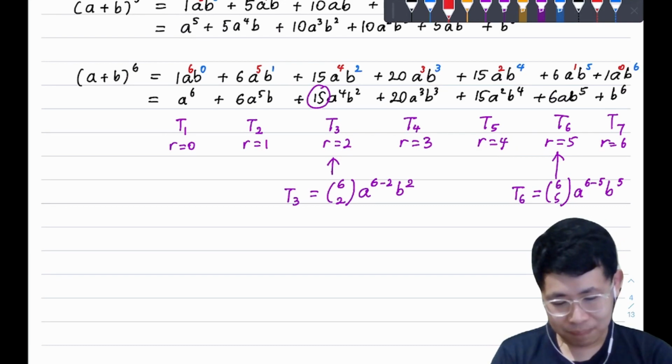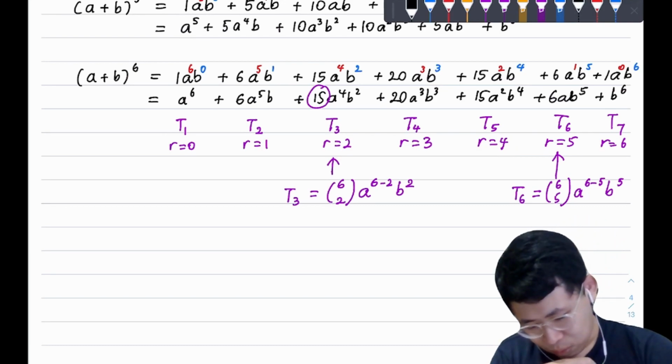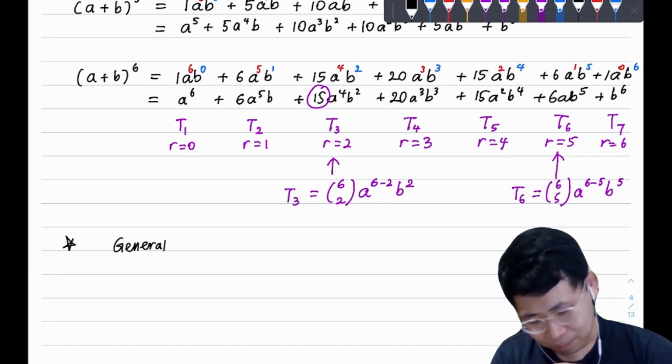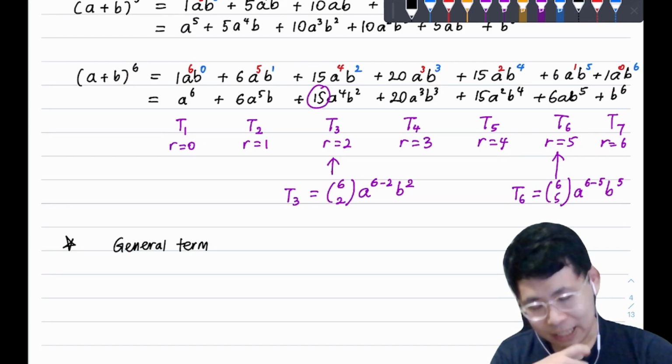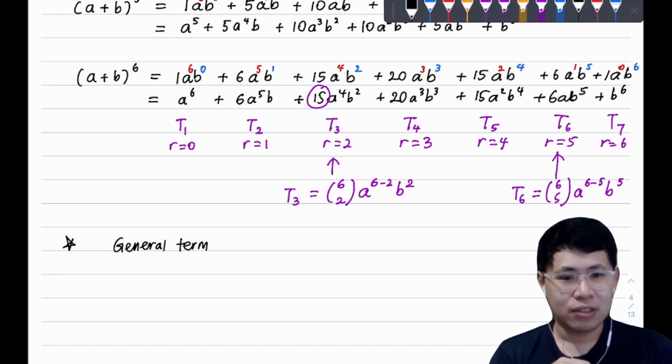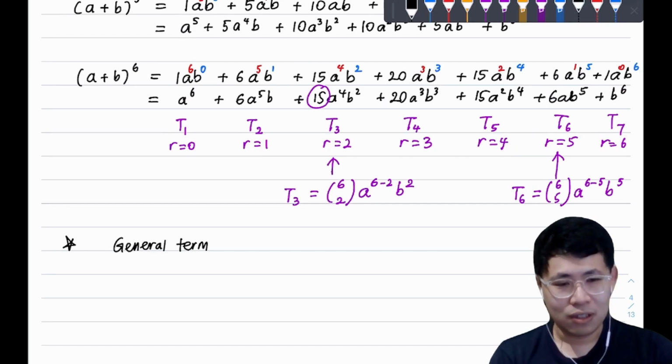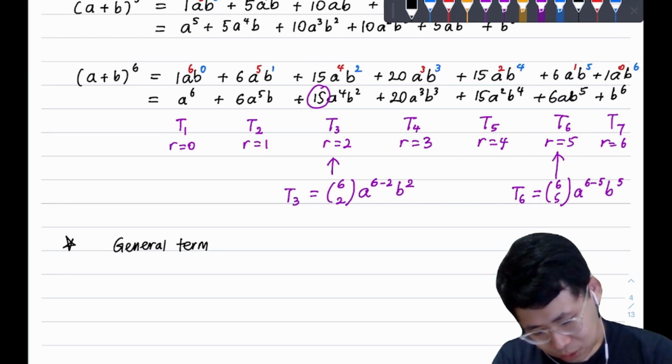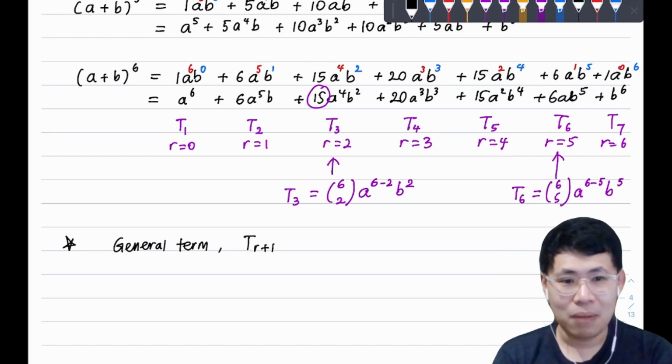Okay, so with this one over here, we can come to a formula for the general term. This would be the most important formula for this. So the general term of the binomial expansion. This is our binomial theorem. The general term of our binomial expansion, we normally call this T r plus 1, term r plus 1.